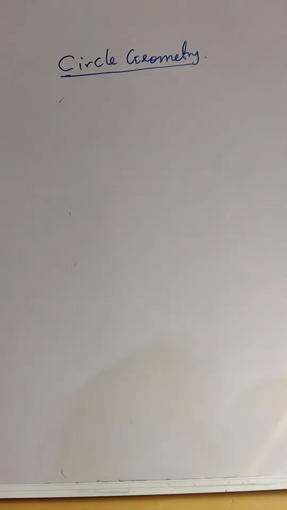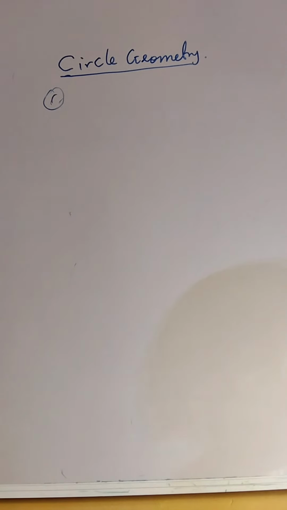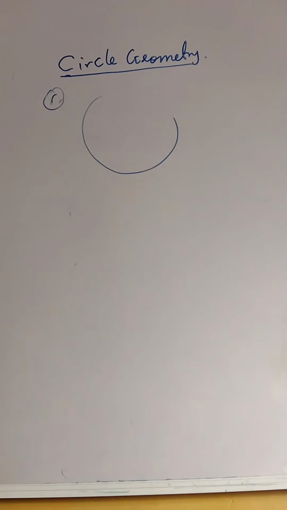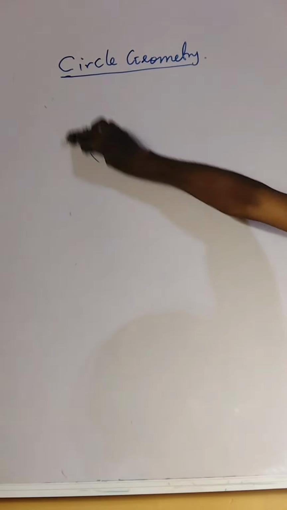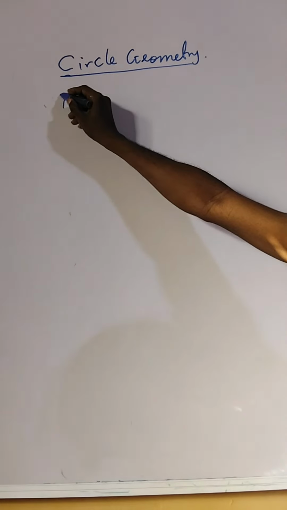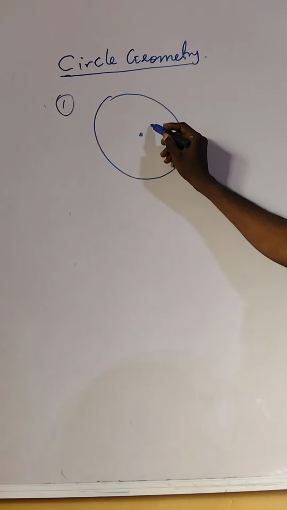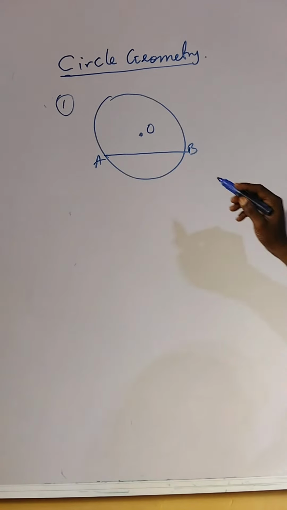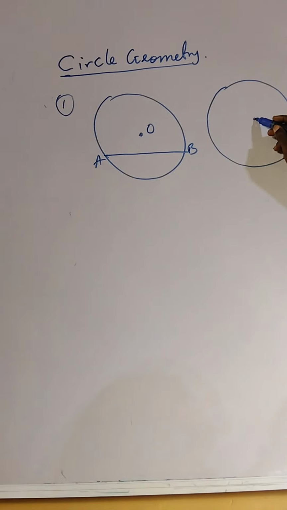The first one we are looking at is a circle with center O, which has a chord. We have a circle, center O, and we have a chord. Let's label this chord as AB. Or you might say a circle with center O, and we have an arc AB.